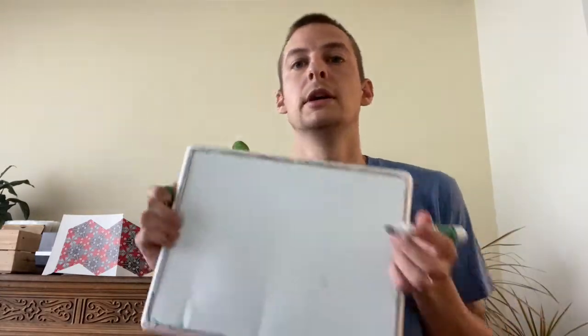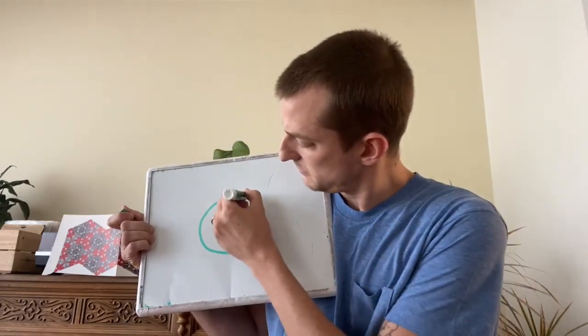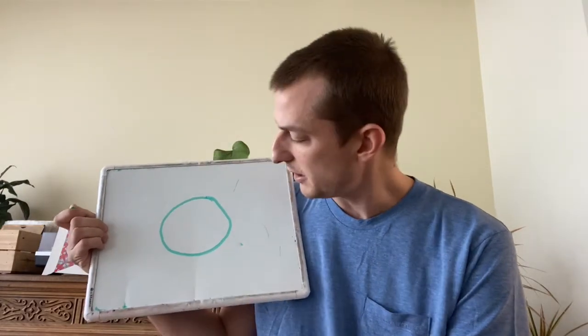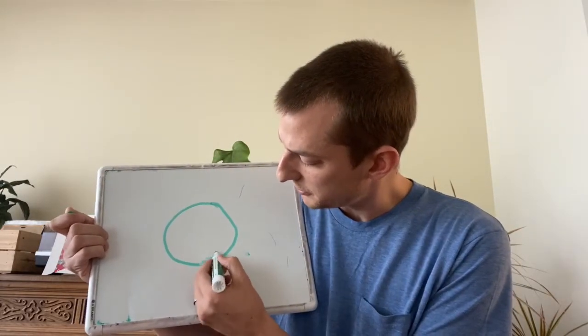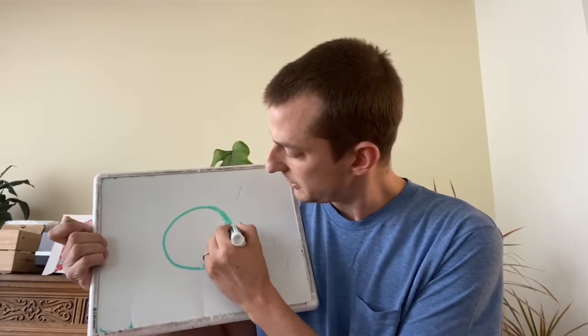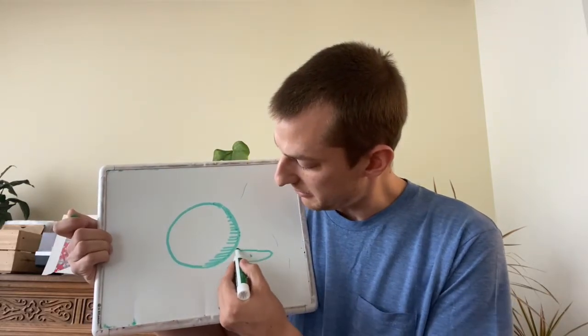Like this baseball is not a circle, it is a sphere, okay? So how do you draw a sphere and make it look like that on paper? It can be a little tricky to do. So you have a circle, okay? How do you make it look like a sphere? Well, you would use some shading techniques to give it some dimension, and then you would also put in a shadow.